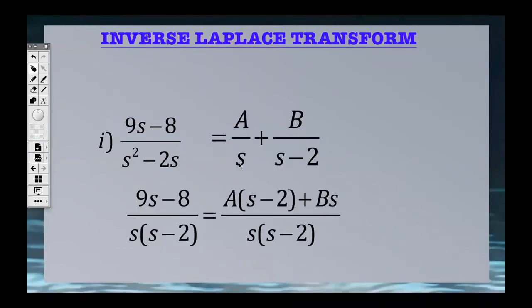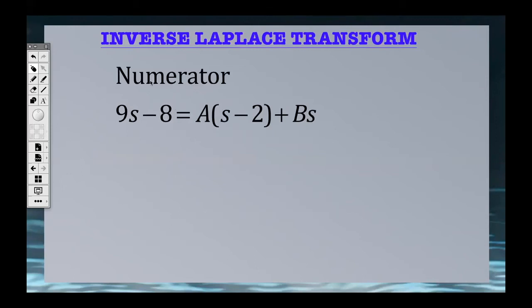So the LCM will be s times s minus 2, where you have s in the denominator, so the s cancels. So we have s minus 2 times A to give you A times s minus 2, plus this s minus 2 in the denominator cancels, so I'm left with s, and B times s to give you Bs.